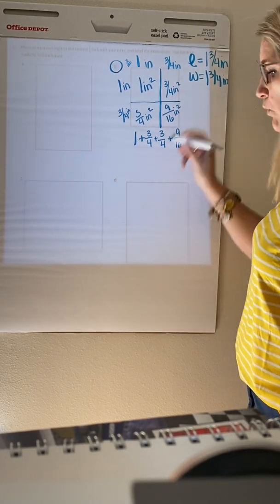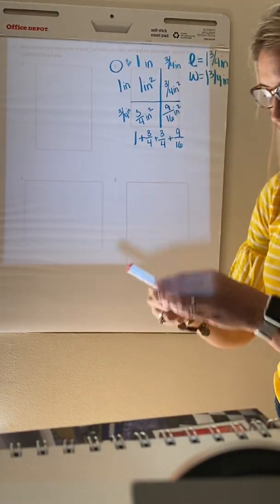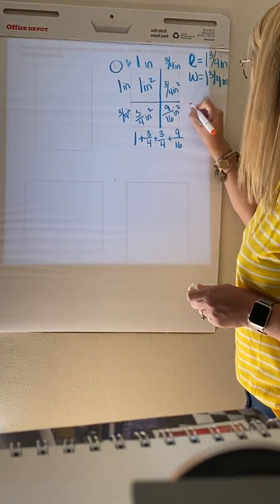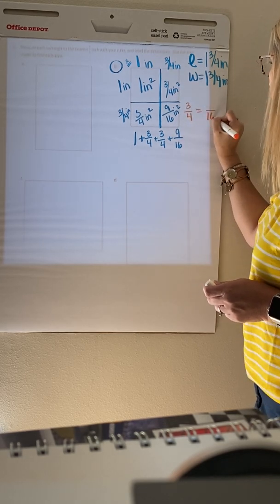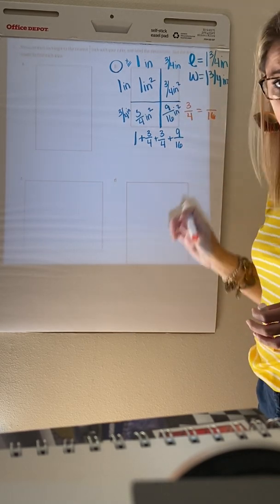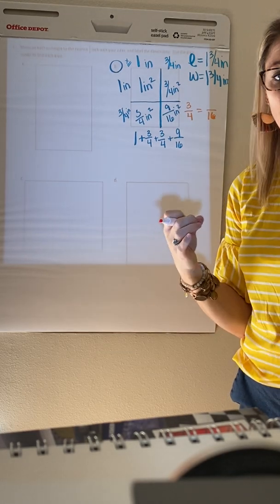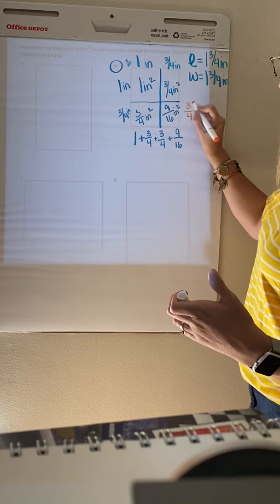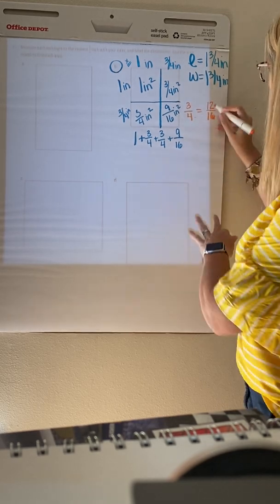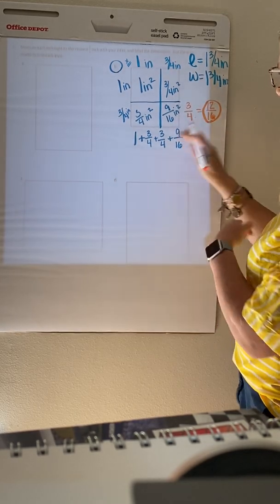So I have to know what is 3/4 equal to. I'm going to do that with a different color so it stands out to you. We can say 3/4 is equal to how many 16ths? How many times can 4 go into 16? 4 can go into 16 4 times. And so 4 times 3 is 12. So 12/16 is the equivalent fraction.